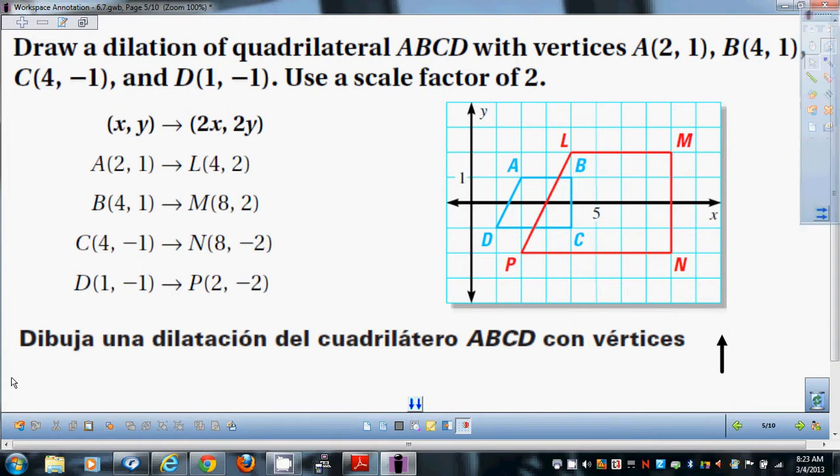Therefore, was it an enlargement or reduction? It was an enlargement. So we just take that and multiply it by all the coordinates. 2 times 2, 2 times 1, 2 times 4, 2 times negative 1. We literally take that 2 and multiply it by every single piece. And then those are the coordinates of your dilated image.